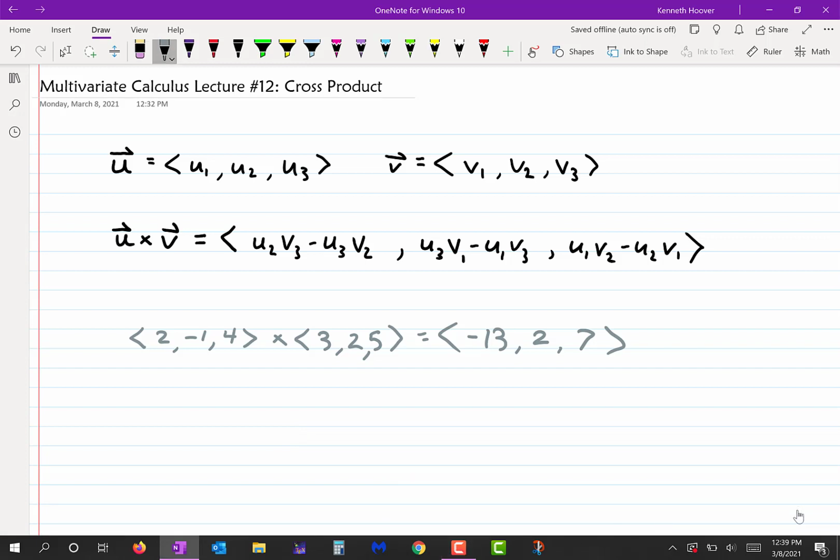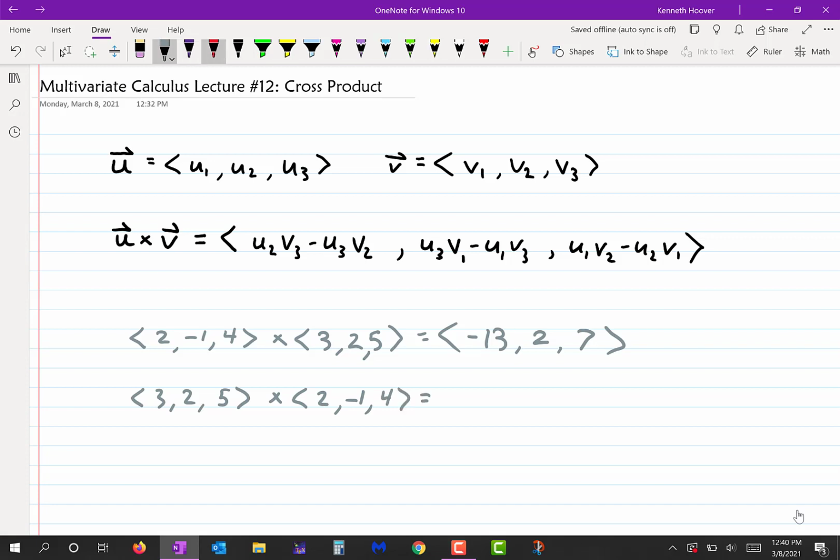Now here's something interesting. Let's do the cross product of the same two vectors, but in the other order. Let's do 3, 2, 5 cross 2, negative 1, 4. Let's see what we get.